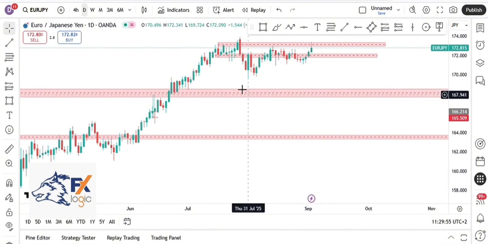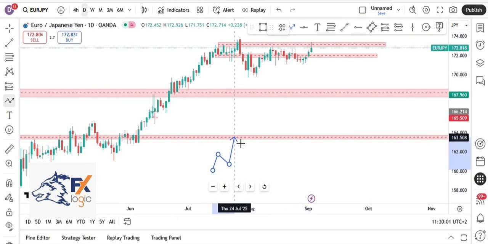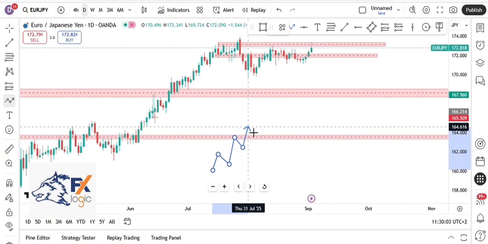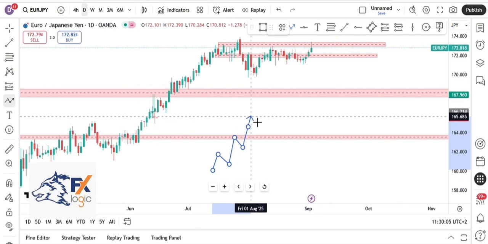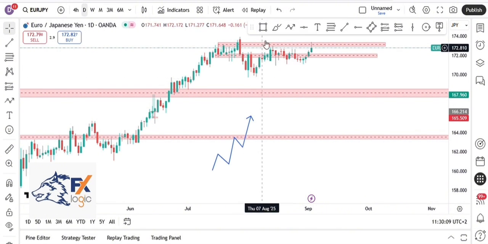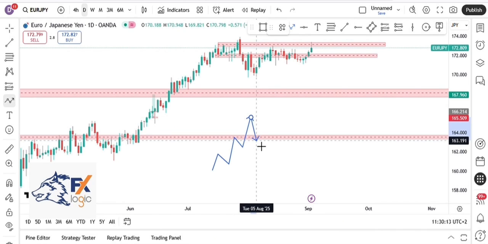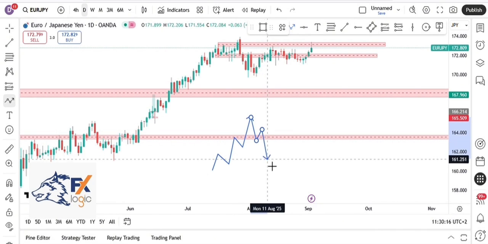All right. Don't forget, an uptrend is one that consists of what? Your higher highs and higher lows. Okay. So when we have something like this, lower low, lower high.